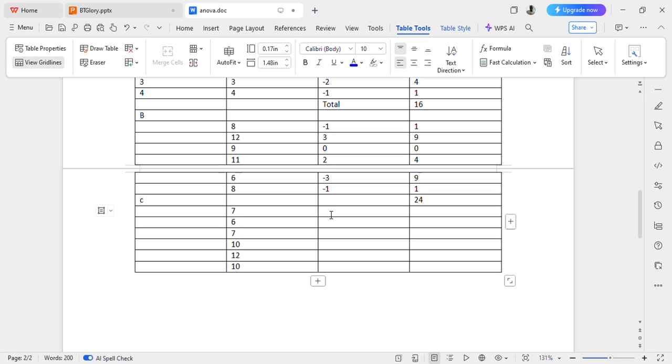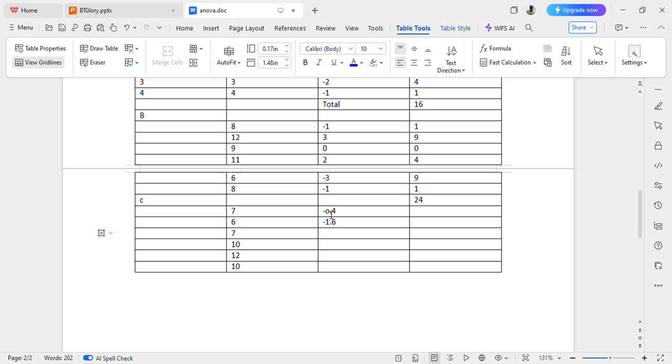So 7 minus 7.6, it will be negative 0.4. 6 minus 7.6, you get negative 1.6.